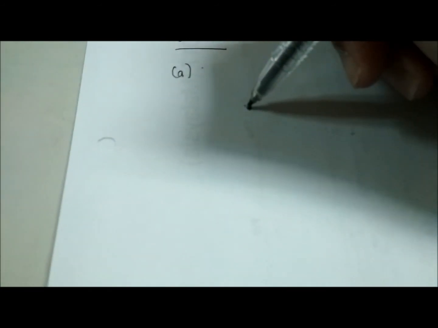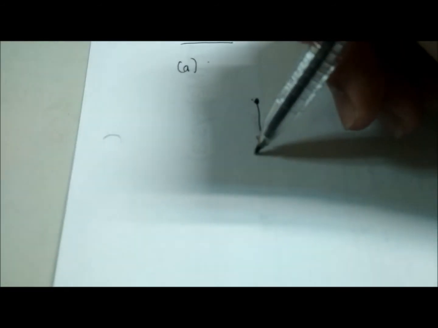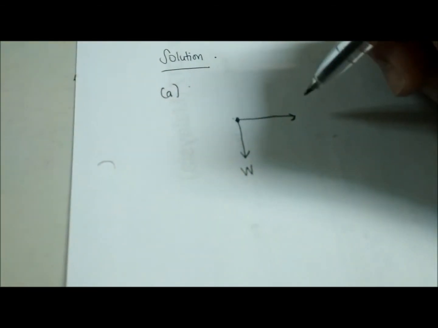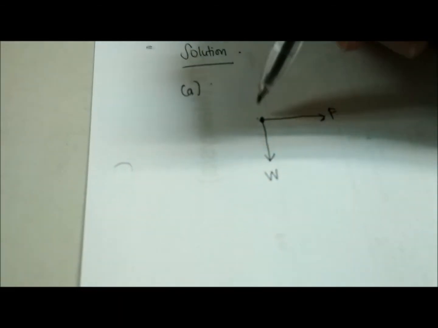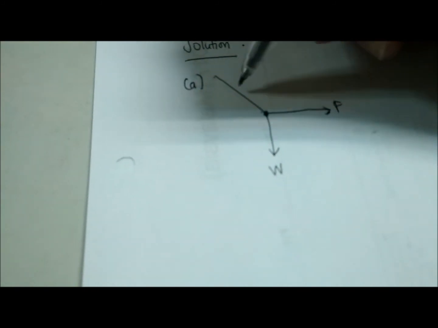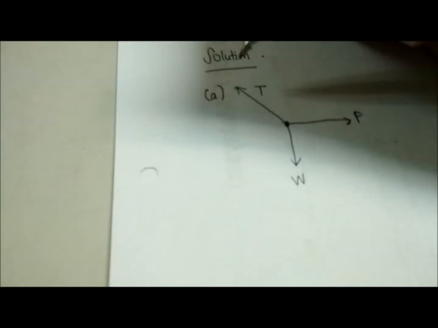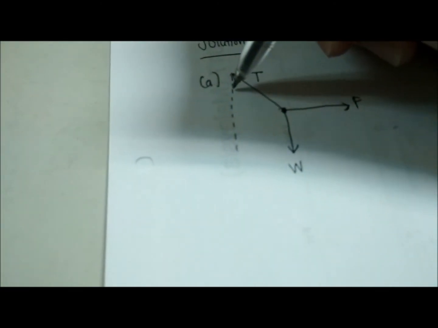So going downward is W, the weight. Going to the right is F, and going this way is the tension. And given that, this is 30 degrees.